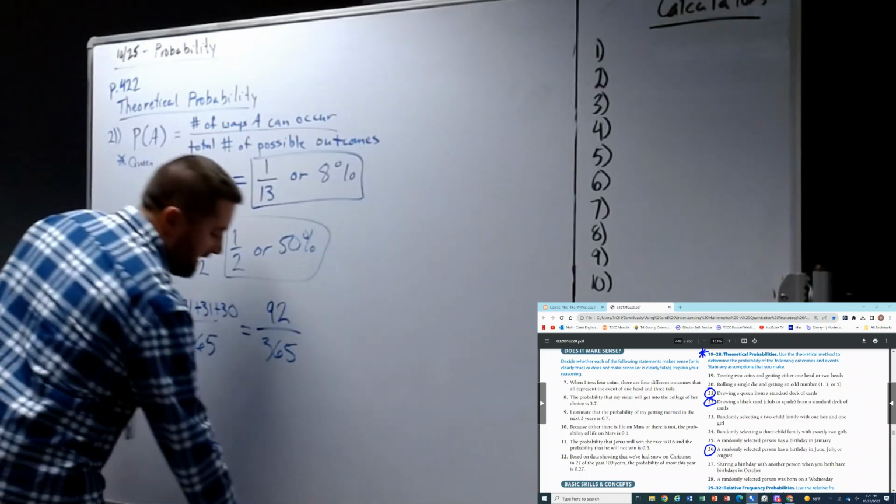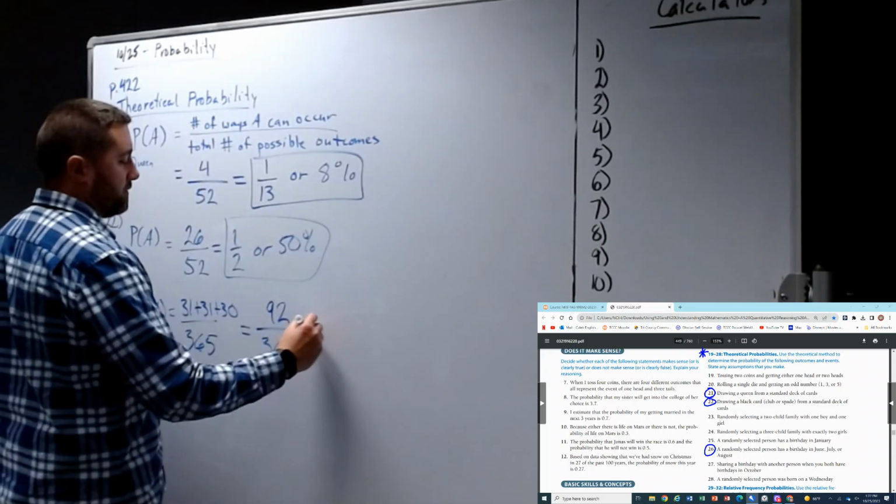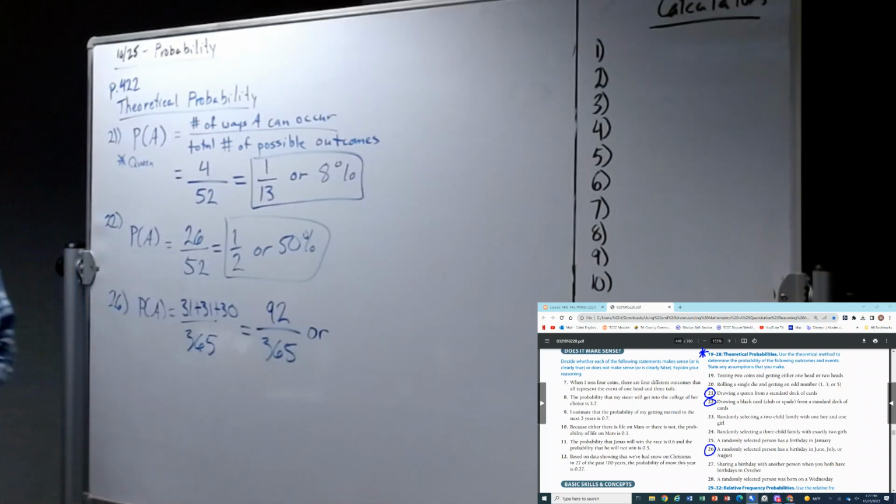So turn that into a percent for me? Just for fun. 92 divided by 365. 25%. Alex got 25%. Anybody else get thereabouts? Okay.